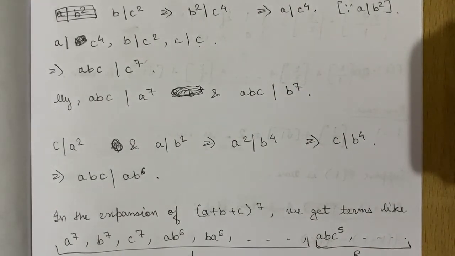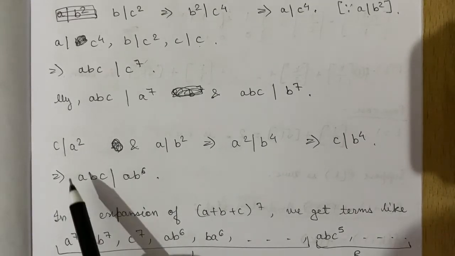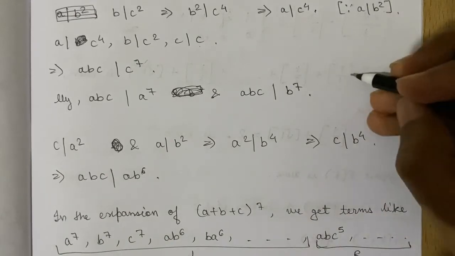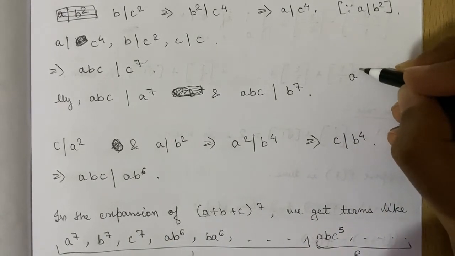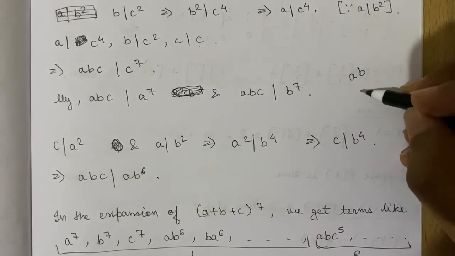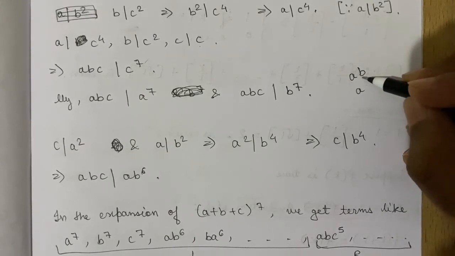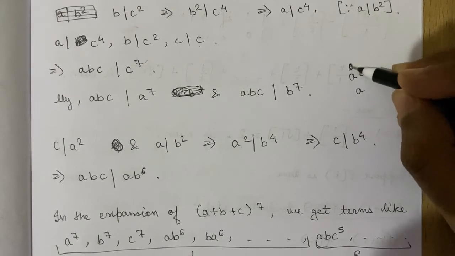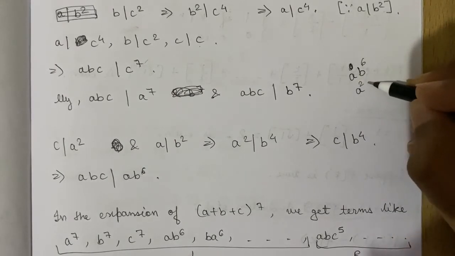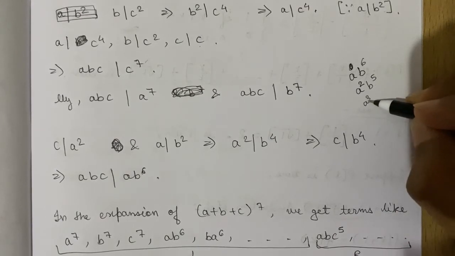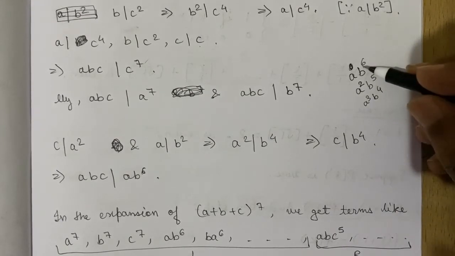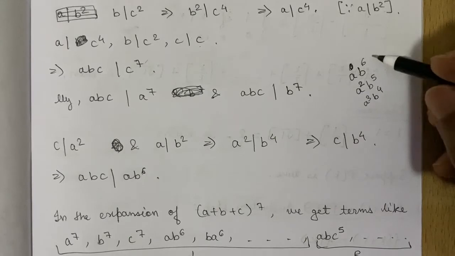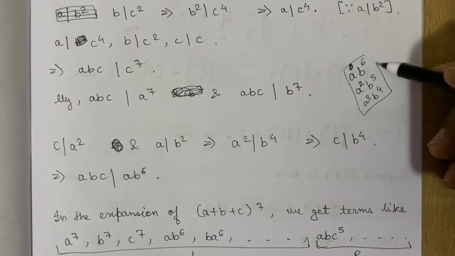The second possibility is when there are two different terms, a and b. So the three possibilities in this case are a^6 b, a^5 b^2... a^2 b^5, a^3 b^4, and these are the three possibilities.